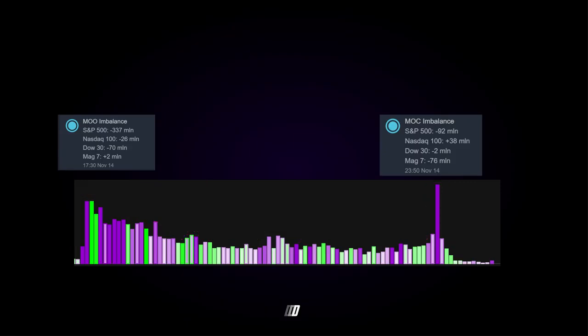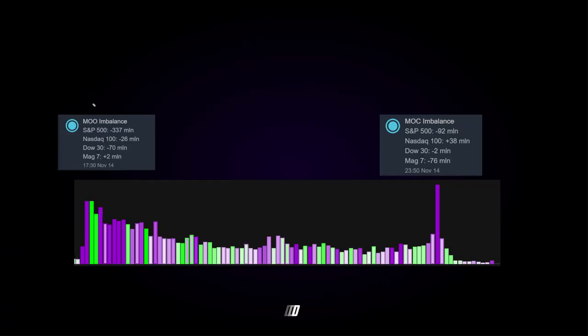And that happens because before the market opens, traders of all sizes and all sorts can send the exchange something called market on open orders. So these are orders that will be executed by the exchange in the first few minutes of the market auction.